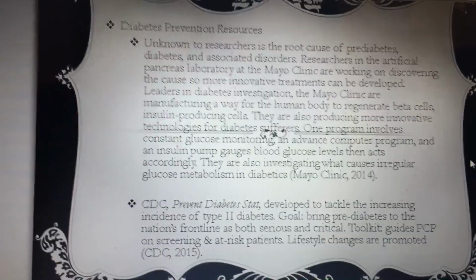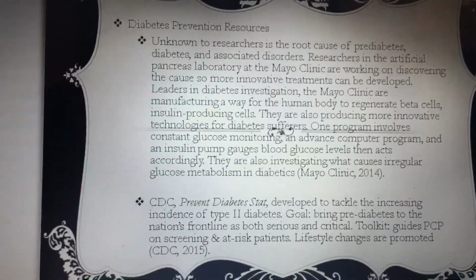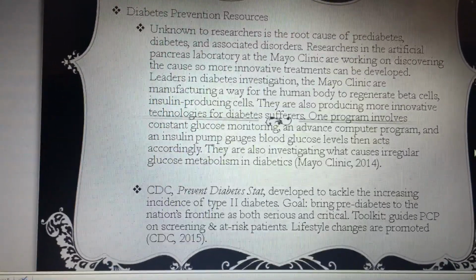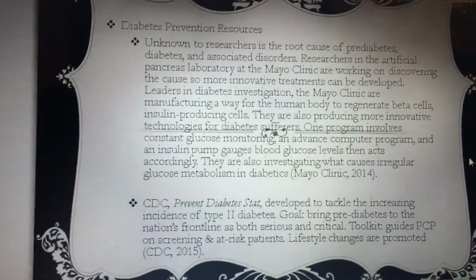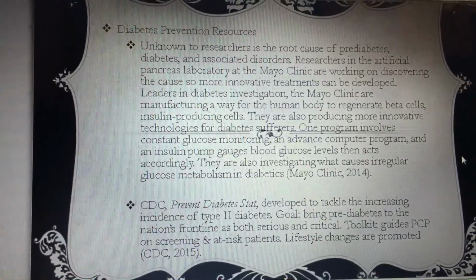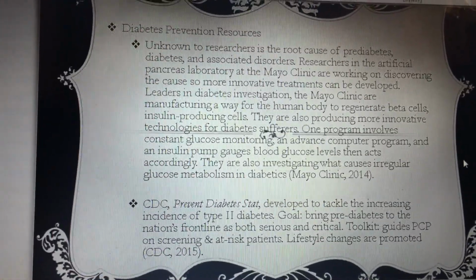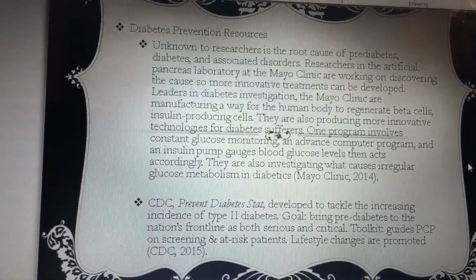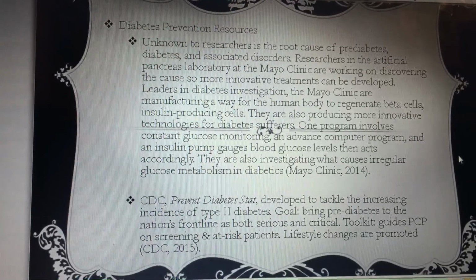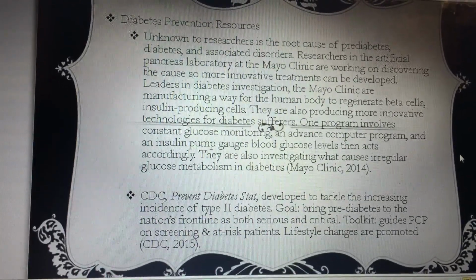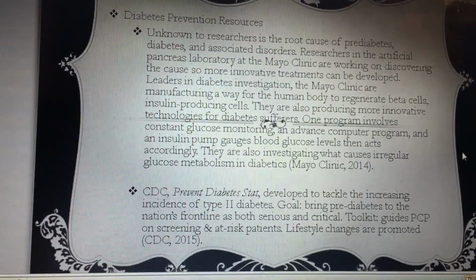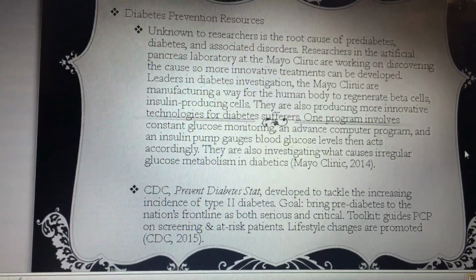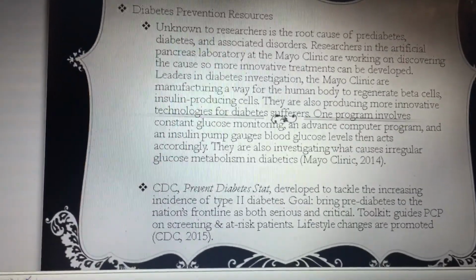Diabetes prevention resources. The root cause of prediabetes, diabetes, and the associated disorders are unknown. Researchers in the Artificial Pancreas Lab at the Mayo Clinic are working on discovering the cause so more innovative treatments can be discovered. Leaders in diabetic investigation, the Mayo Clinic, are working on a way for the human body to regenerate beta cells, which are insulin-producing cells.